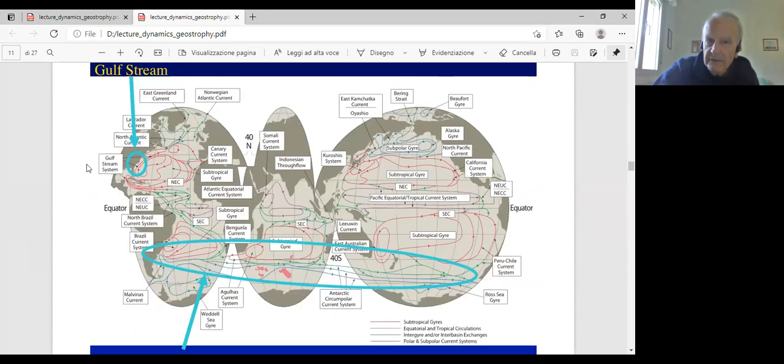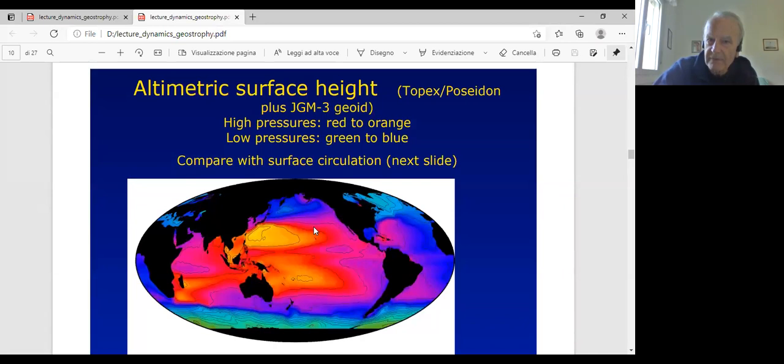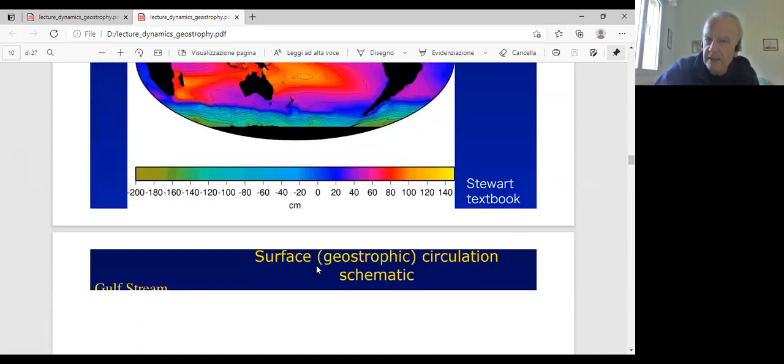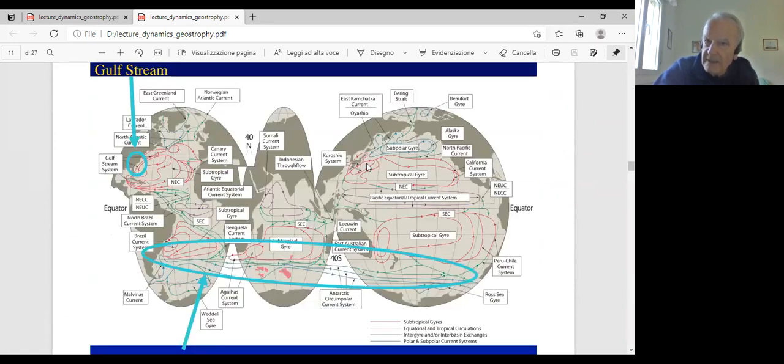Let's look into the Pacific, for example, where the signal associated with the sea level is the strongest. And you can see that around this yellowish or orange area is the subtropical high sea level.